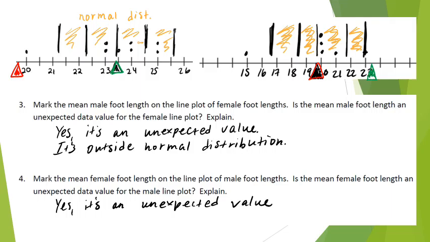And again, I'm really connecting it to the fact that it's outside the normal distribution. So in other words, it's within 3 MADs of the mean instead of within 2 MADs of the mean.